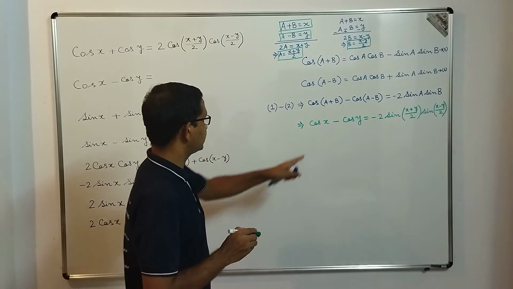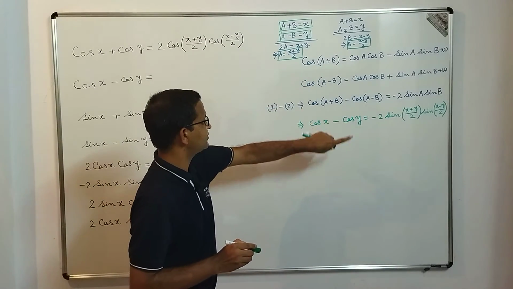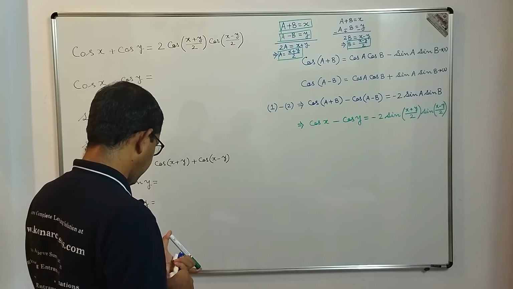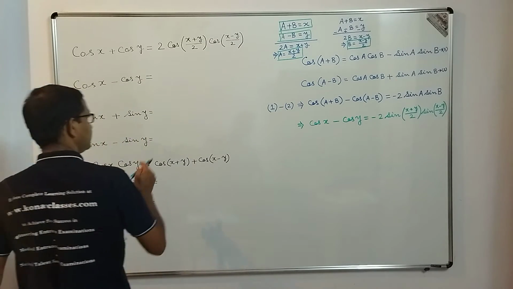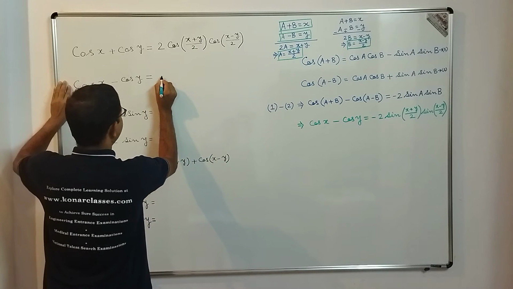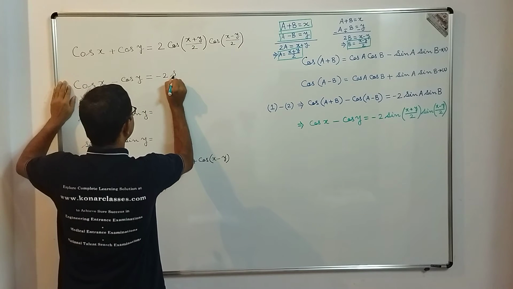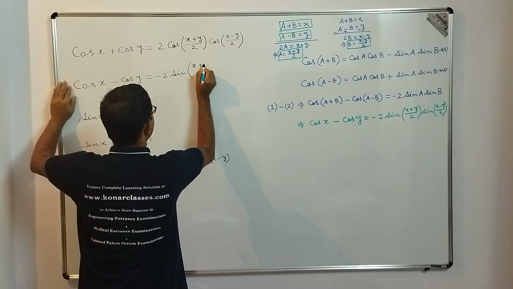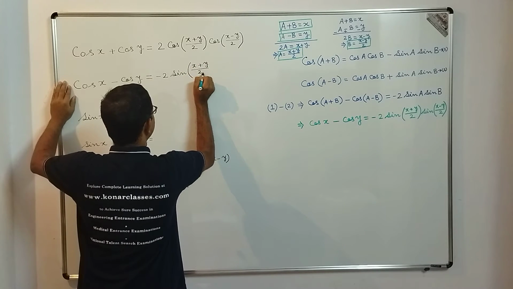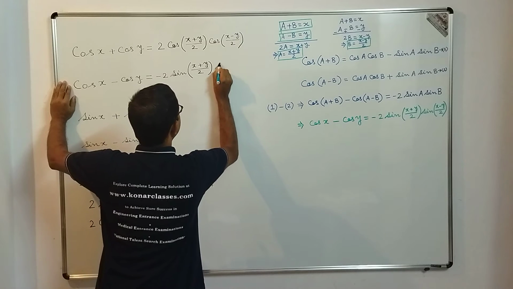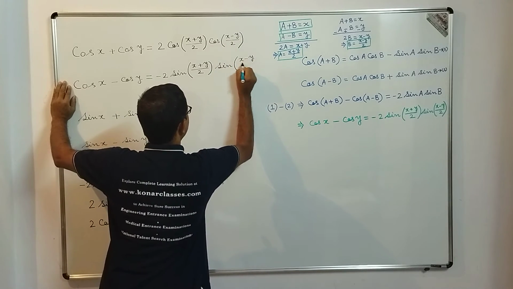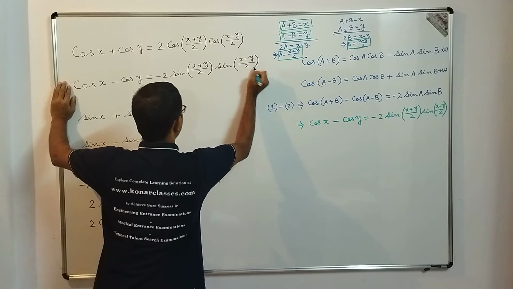So we get cos x minus cos y is equal to minus 2 sin (x plus y) by 2 into sin (x minus y) by 2. Let me write it here: minus 2 sin (x plus y) by 2 into sin (x minus y) by 2.